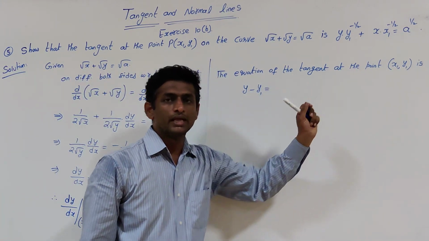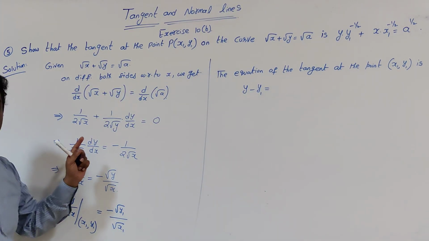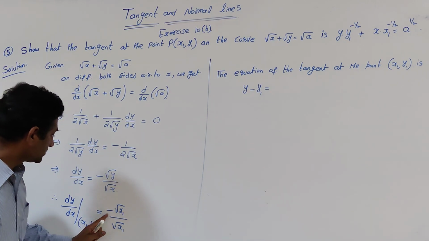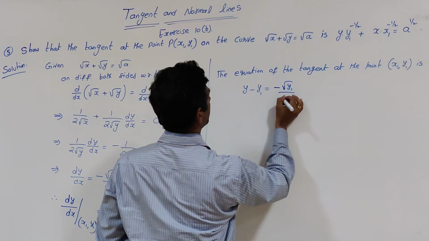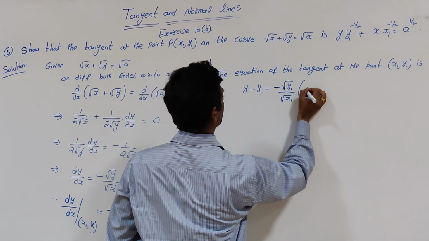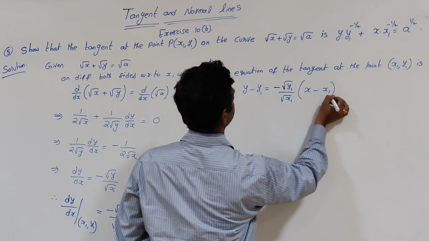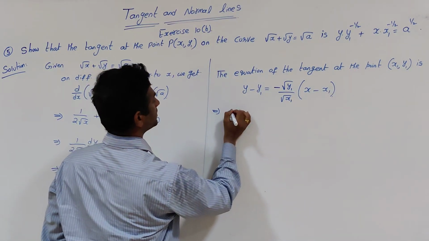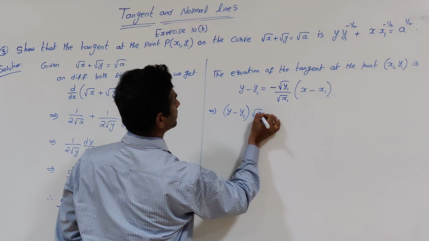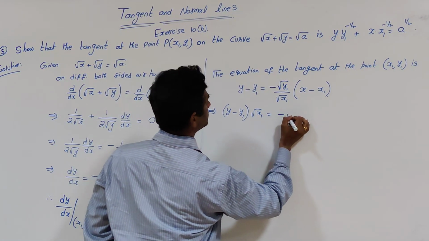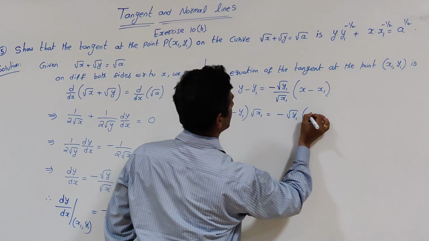The slope at the point x1 comma y1 is minus root y1 by root x1, so y minus y1 is equal to minus root y1 by root x1 times x minus x1. Taking the cross product, y minus y1 into root x1 is equal to minus root y1 times x minus x1.